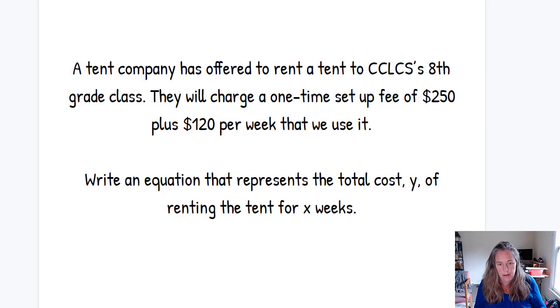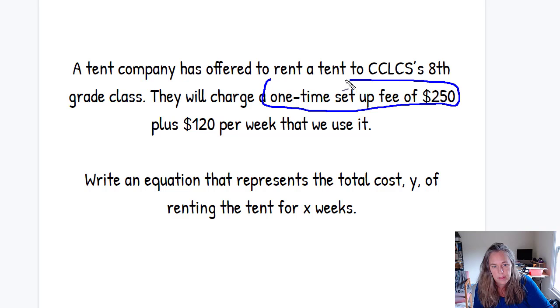Okay, we have a little problem here to look at. A tent company has offered to rent a tent to CCLCS's 8th grade class. There will be a one-time setup fee of $250 plus $120 per week that we use it.